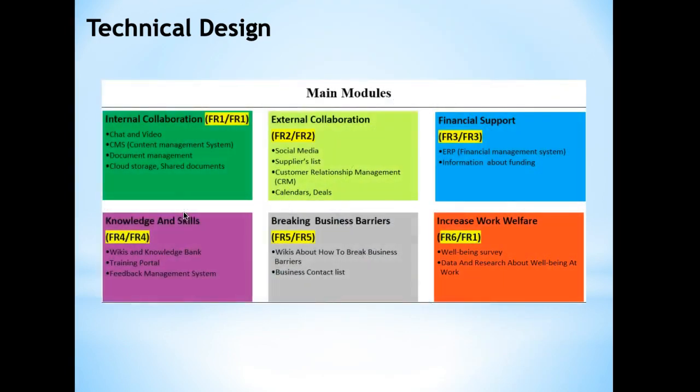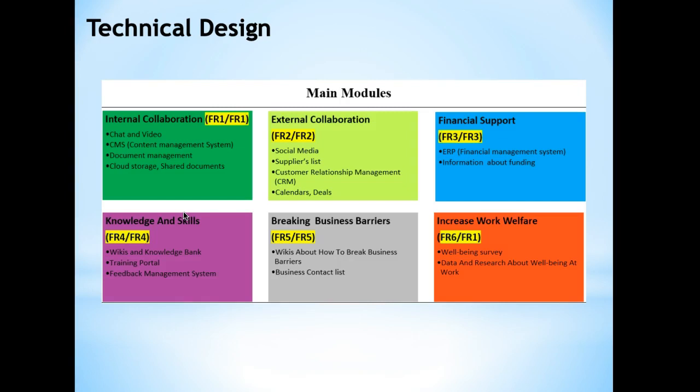Now, after doing all these things, we have identified 6 main modules. Following the principle of modules in axiomatic design, you can clearly see that FR1 is associated with internal collaboration, and external collaboration is associated with FR2, etc. So we have here 6 modules that are associated with our main design.